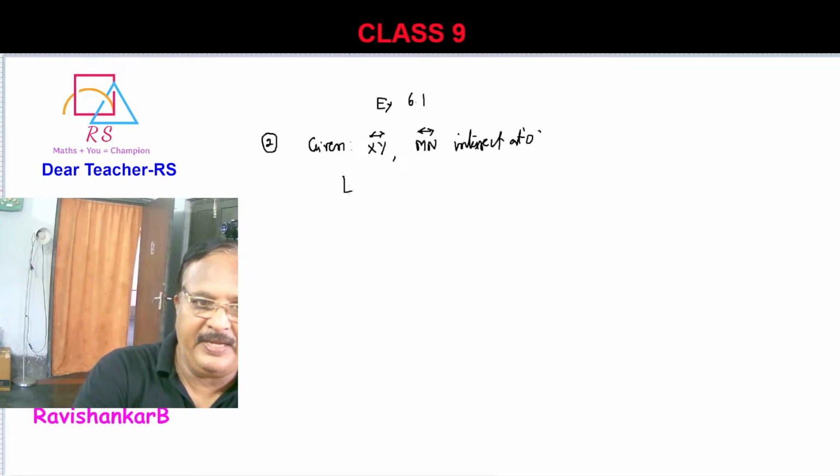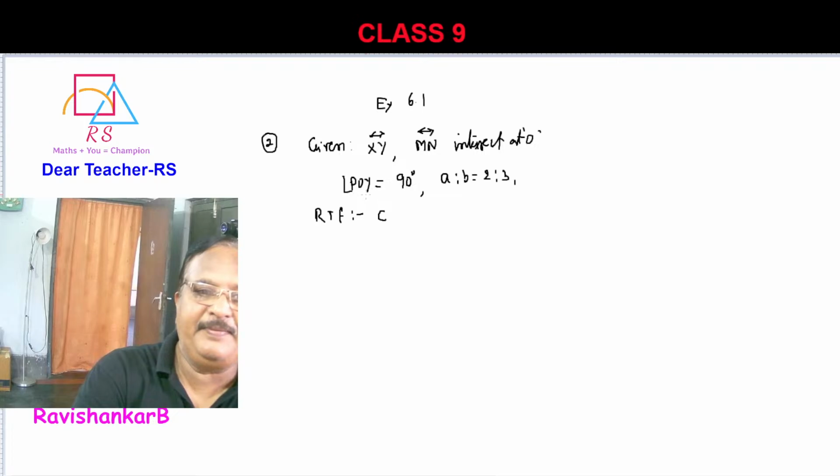Angle POY is equal to 90 degrees, and A:B is equal to 2:3, and find C. RTF means required to find, so you have to find C. All these things, A, B, C, are there in the diagram. I am going to draw the diagram.